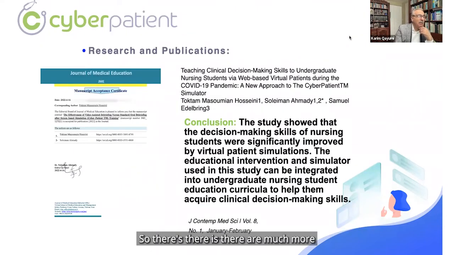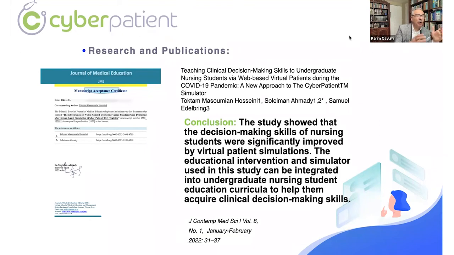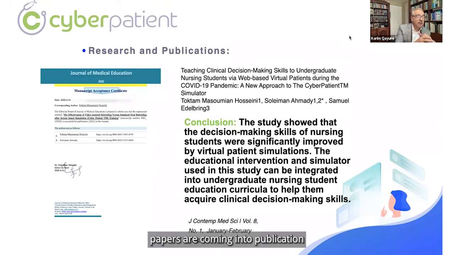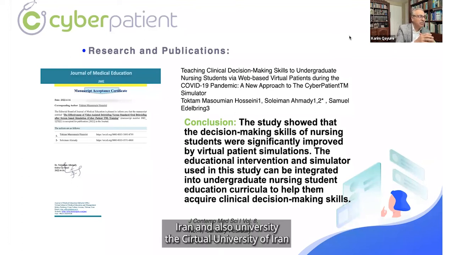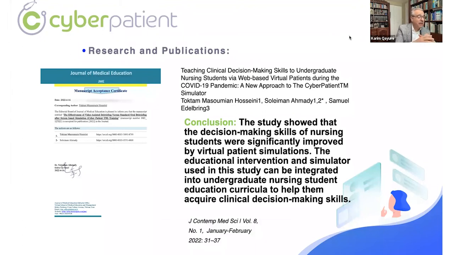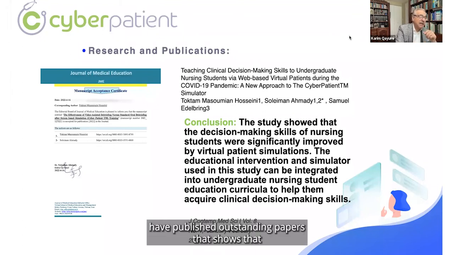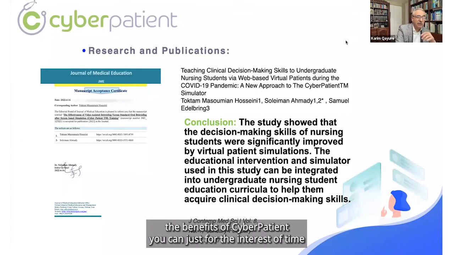So there are many more papers coming into publication. Two papers from the Shahid Beheshti University in Tehran, Iran, and also the Virtual University of Iran have published outstanding papers that show the benefits of CyberPatient.